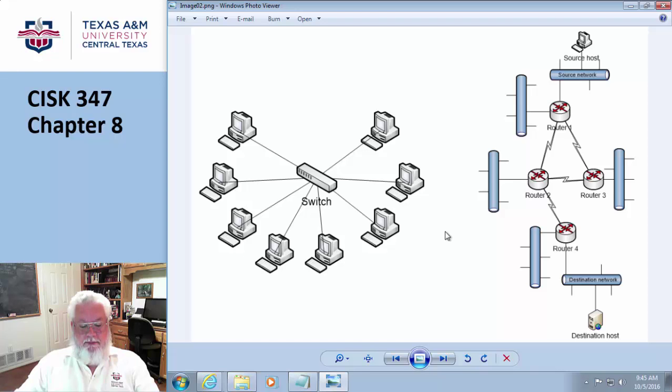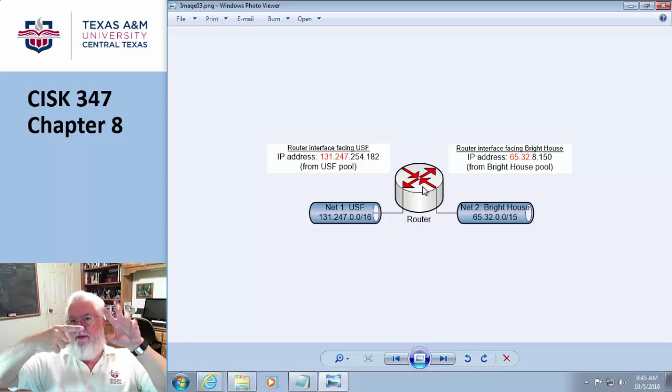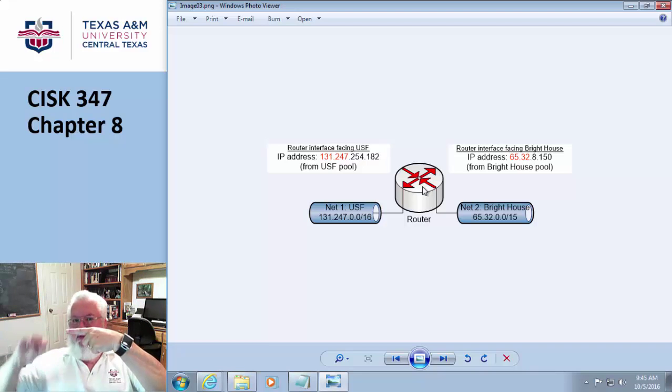On page 272, they talk about routers and networks, and so there's yet another little thing. So I mentioned that these guys have one foot in one world. Here's a network over here, and this is the network 131.247.0.0. And then over here's another one that's not even related, not the same company, not the same place, not the same building, completely different, and it's 65.32.0.0. So this router has to have two interfaces. One interface has an IP address given by this guy, and then it has to have another interface over here given by this guy.